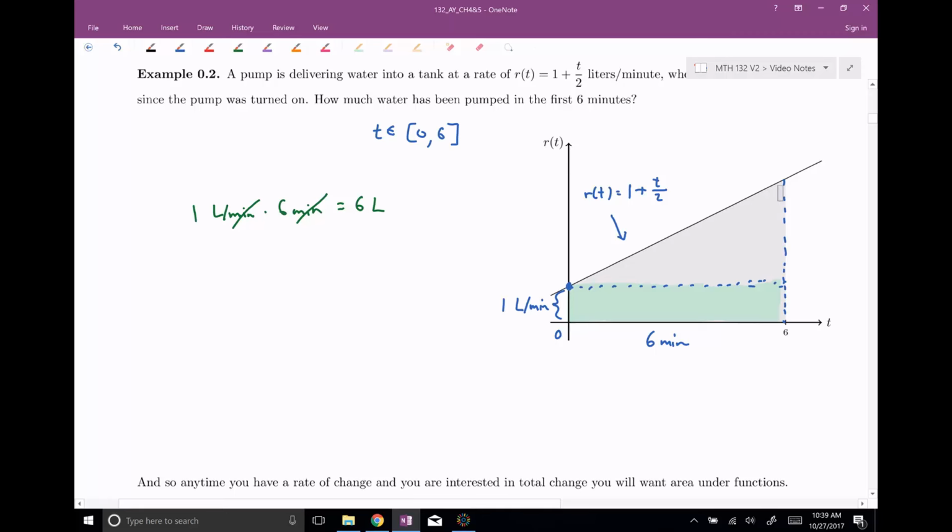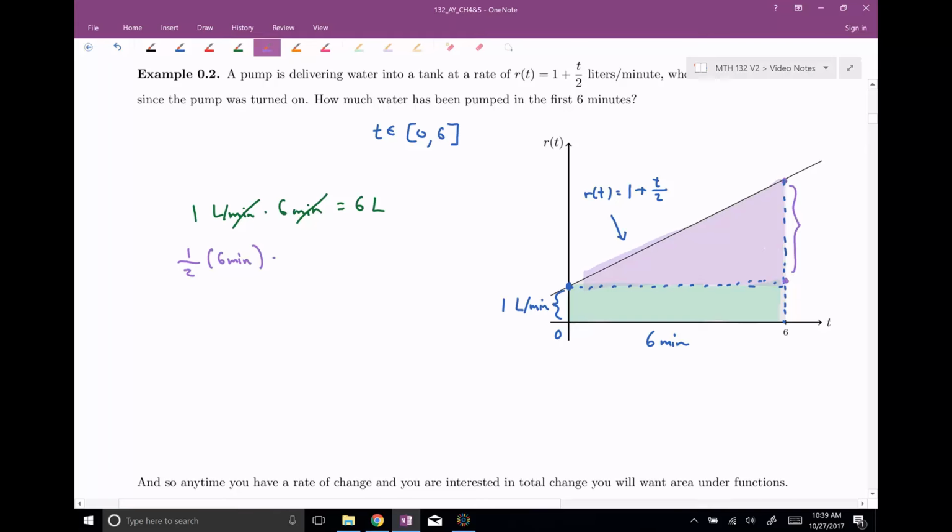Let's go ahead and do the area of this triangle bit. So the area formula for a triangle is 1/2 base times height. So we're going to have 1/2 times the base, which is still 6 minutes, and then times the height. So I need to figure out the height of this triangle.